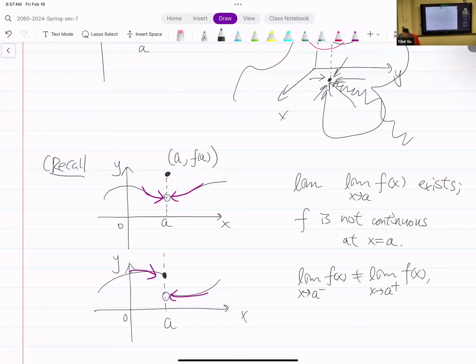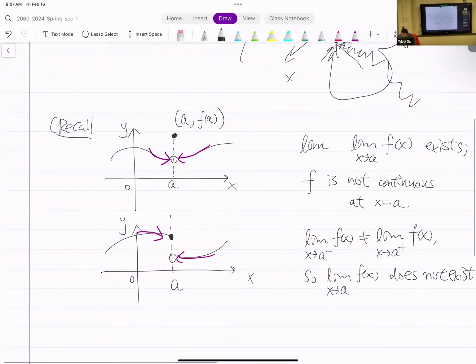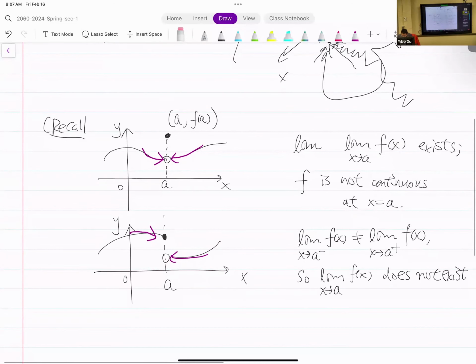Okay, so they do not agree. So in this situation, the limit does not exist for the function at the point, and of course, f is not continuous.